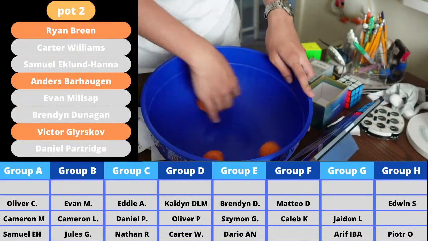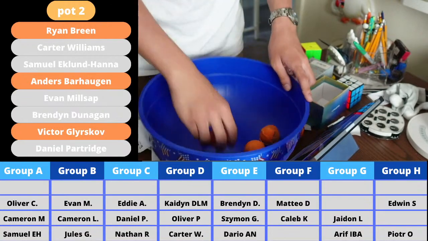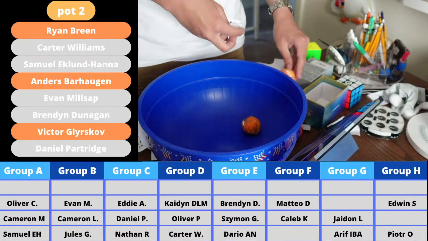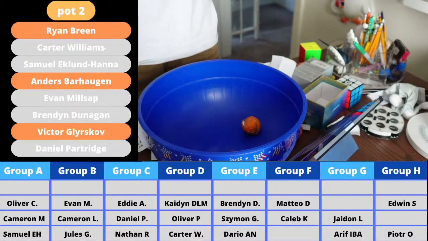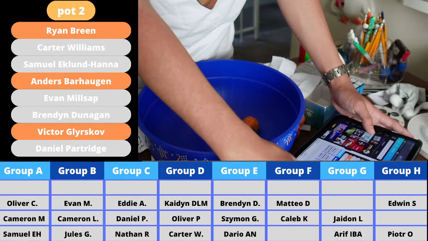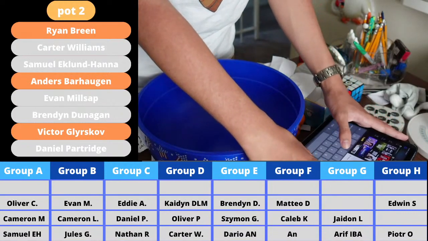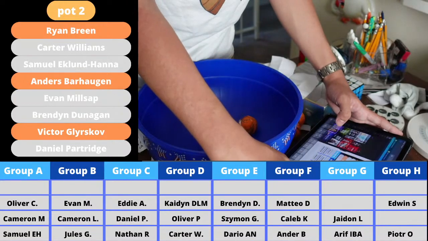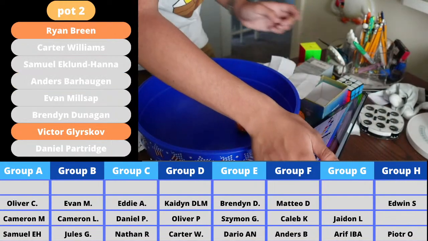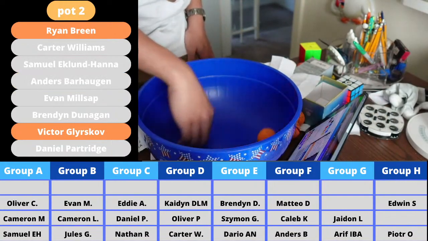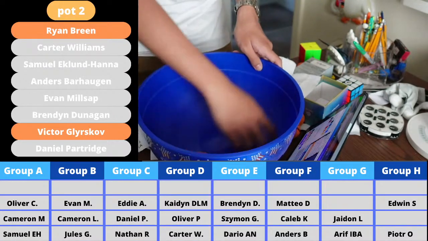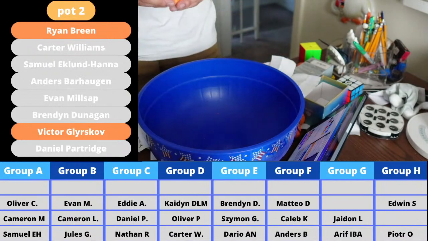Alright, let's move on to the other positions. We'll be moving on to Anders. Anders will be in Group F, in position F4. All right. Move on to the final ball.